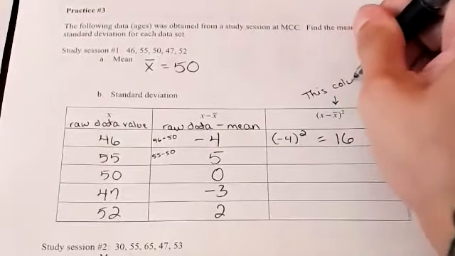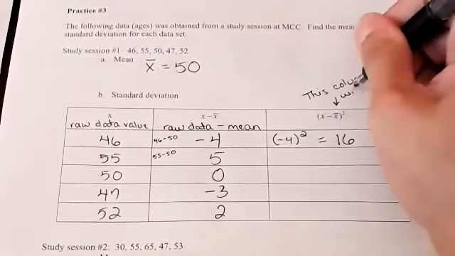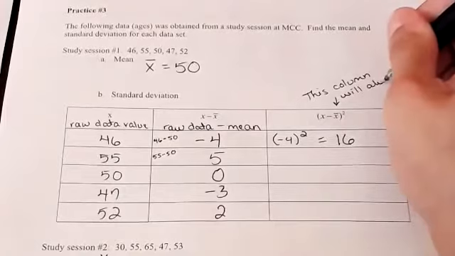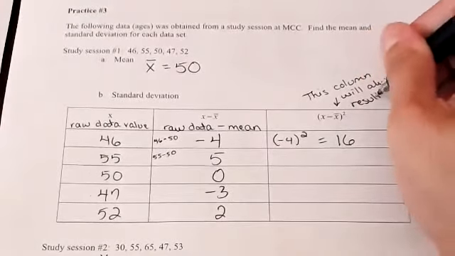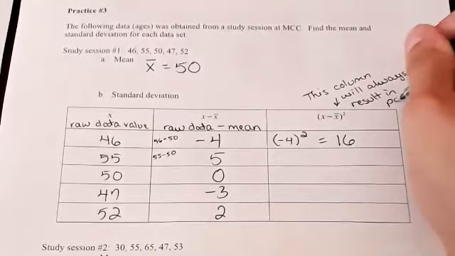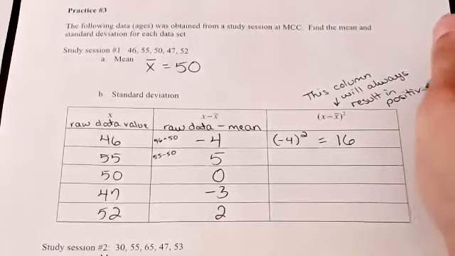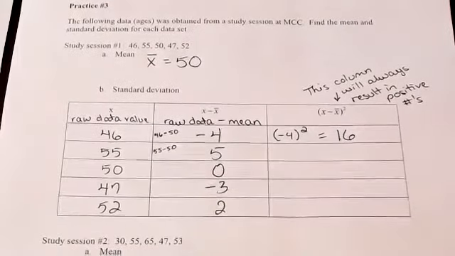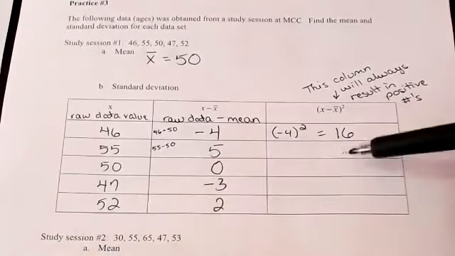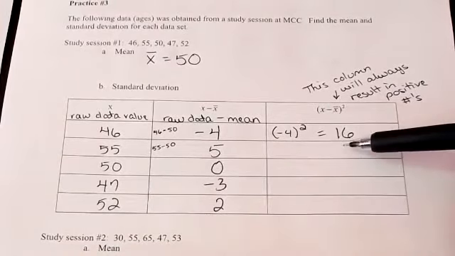This column will always result in positive numbers all the time, every time, because you're squaring your values. So go ahead and write down the squared values here in this column.